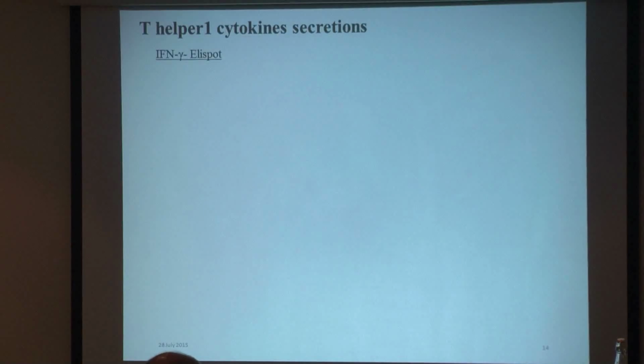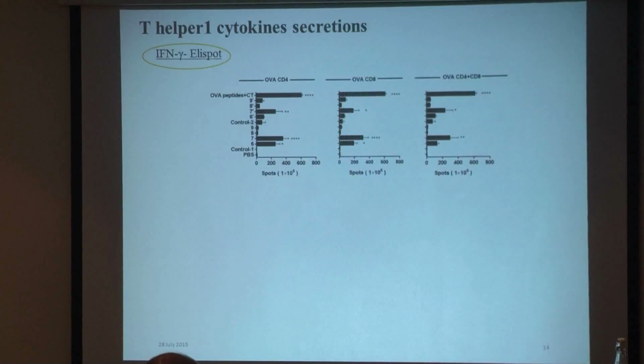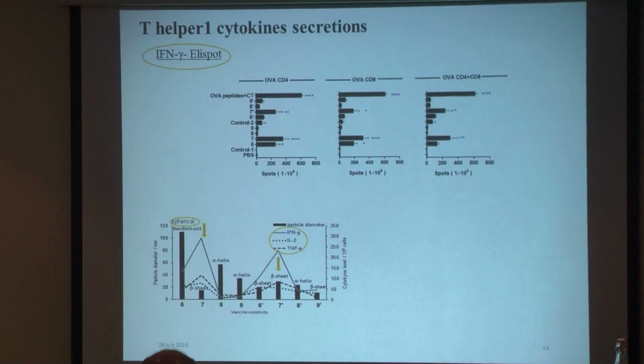inhibit tumor growth. Then, as an important cytokine for T helper 1 immunity, we look at the cells generating interferon gamma by interferon gamma ELISpot assay. And these results again confirm that constructs 6, 7, and 7 prime had generated higher interferon gamma cytokines.